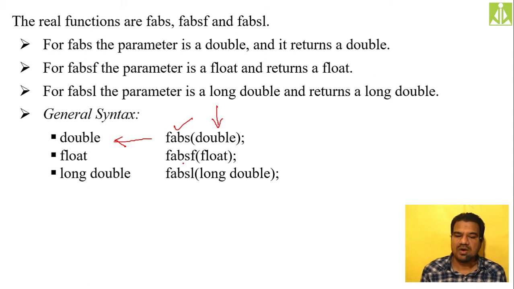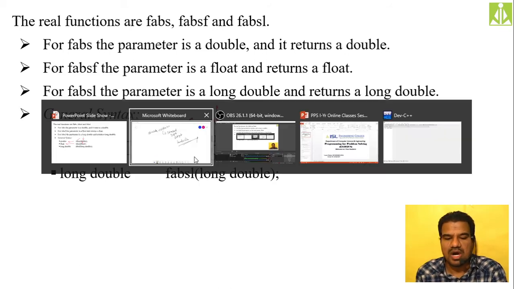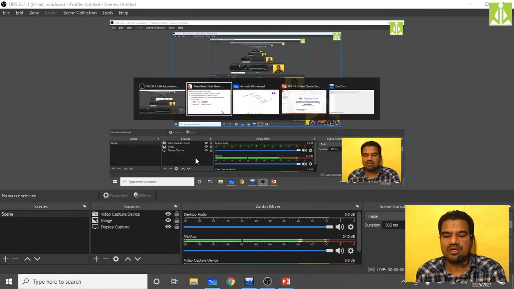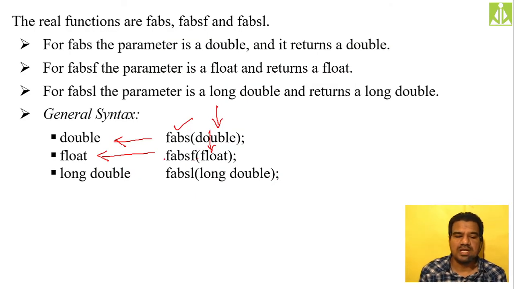FABSF will take a float value as input and return a float value as output.